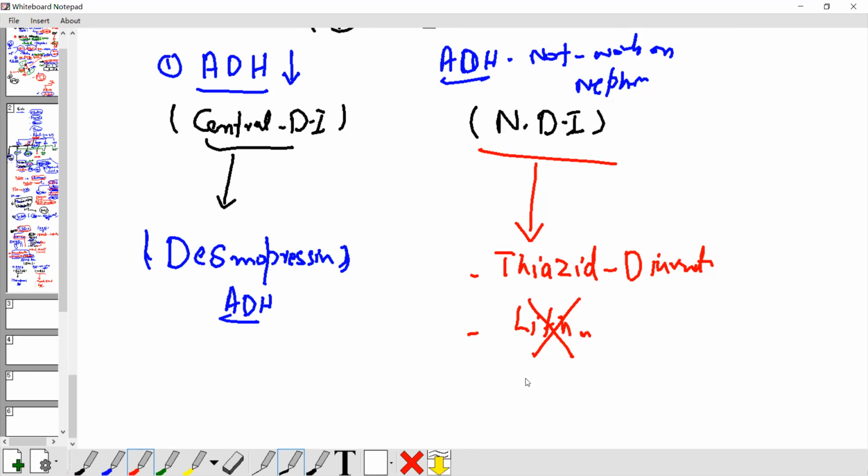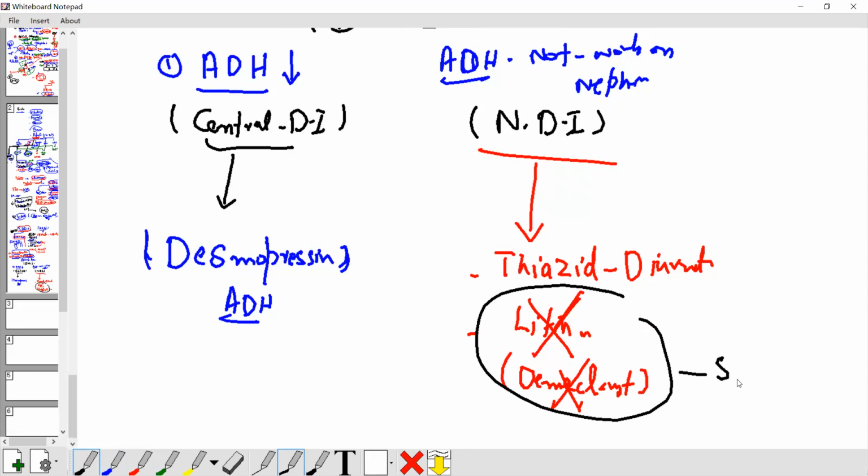If we're using demeclocycline inside the patient, just now clear that demeclocycline is a tetracycline antibiotic used for any infection. Demeclocycline also does not allow ADH to work properly. So demeclocycline and lithium, they cause diabetes insipidus, so you must stop their use.